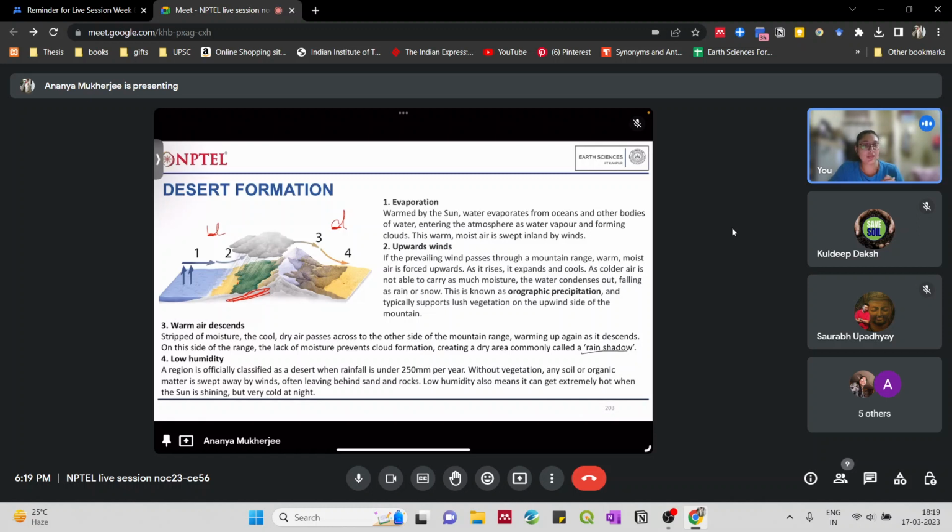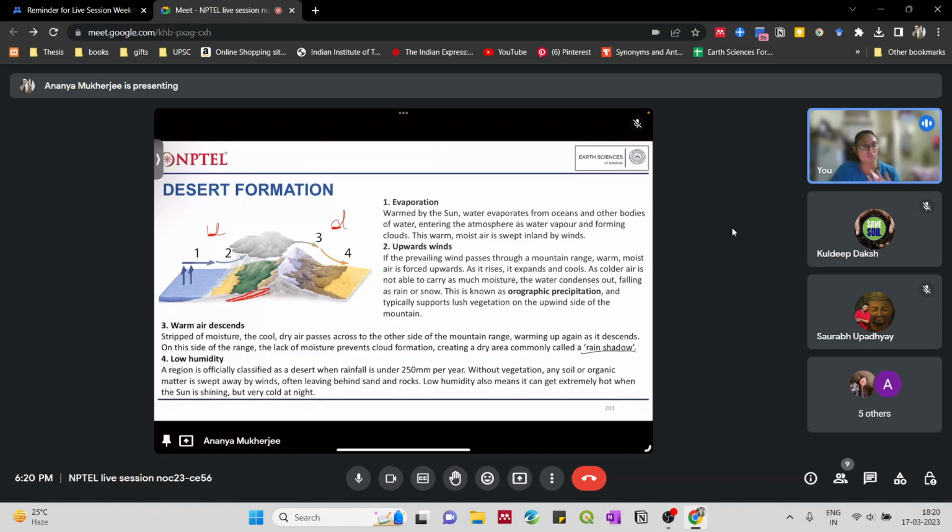The rain shadow region is usually where you will find deserts forming. It could maybe receive rainfall if there is any moisture left in the air coming through the mountain ranges, but it is going to be very low. The annual precipitation is very low in that region, and since there is no moisture, the amount of vegetation is also lower.